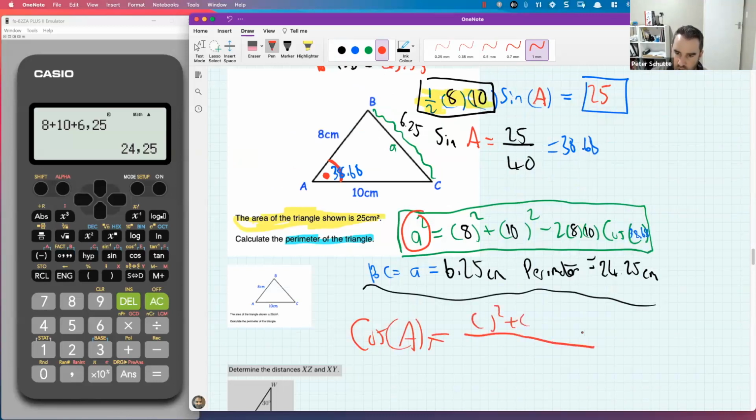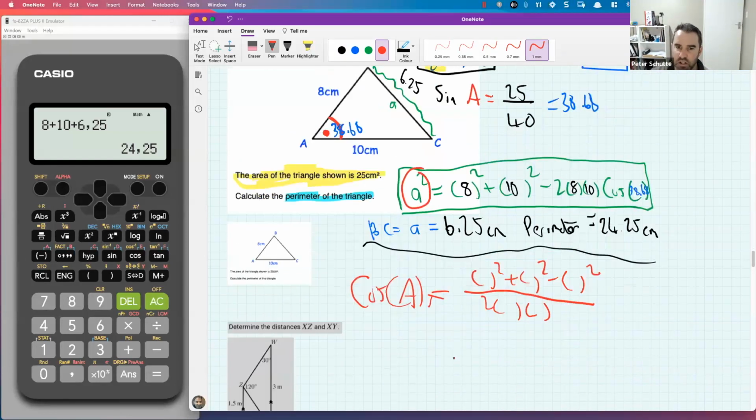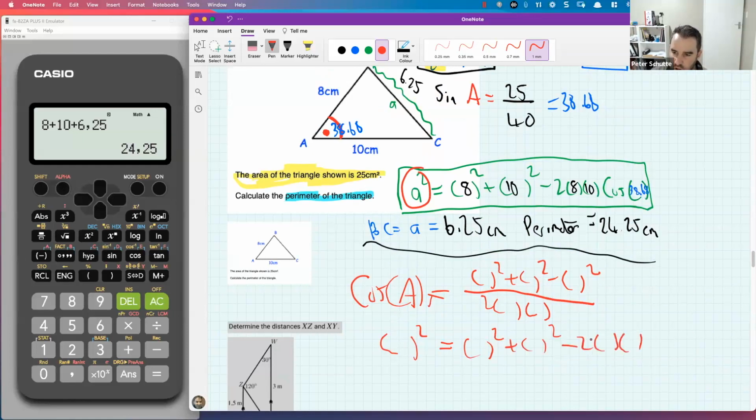But then the other way of doing it was where you make the side the subject of the formula, and in that situation, you're going to write down the side that you want squared is equal to the two other sides squared, minus 2 times those sides times the cos of the angle in between. Now, if that feels like a mouthful, it is. I did a whole lesson on it, and I would suggest looking at the recording there.